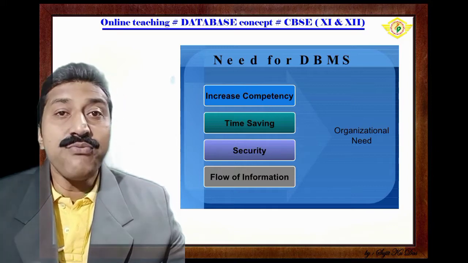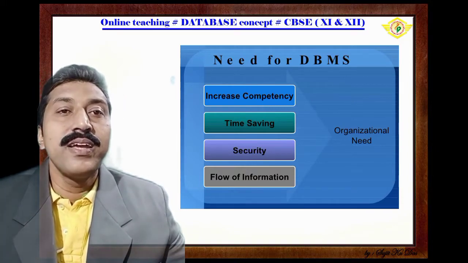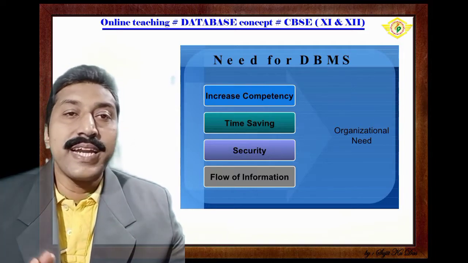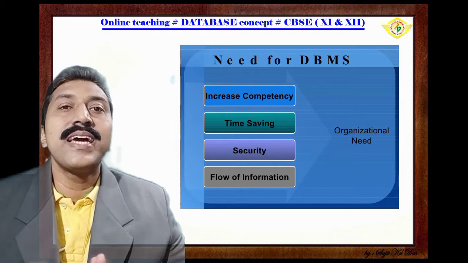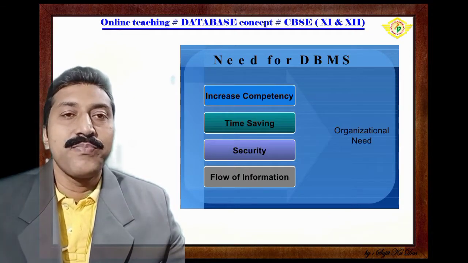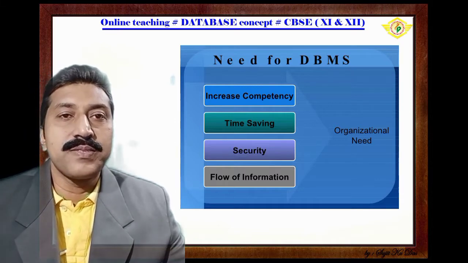Whenever any file gets updated, the updated version of the file is available to all applications using the database system. So data redundancy and data inconsistency are controlled to a large extent. This is the main reason for the need of a database.